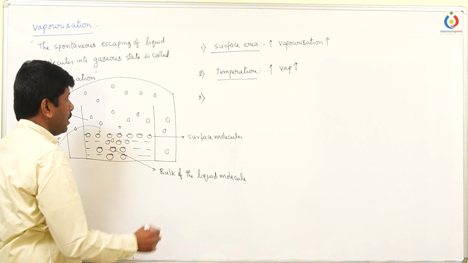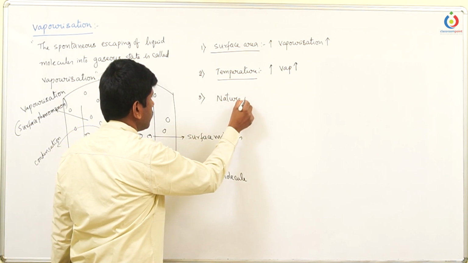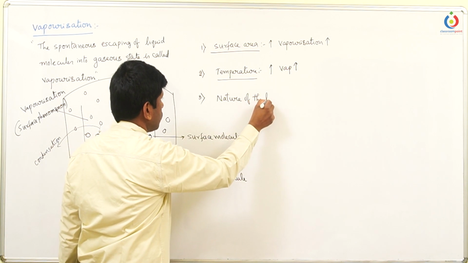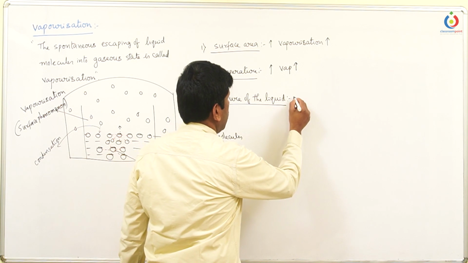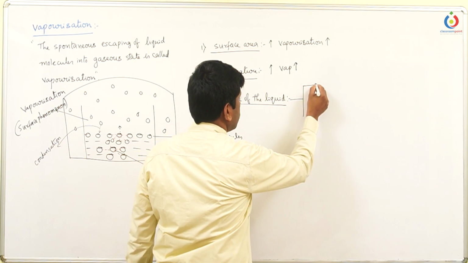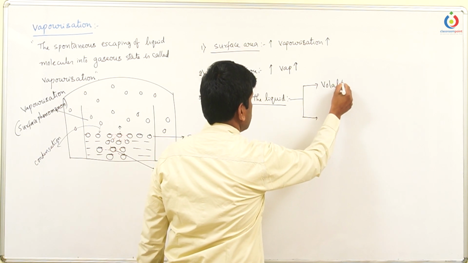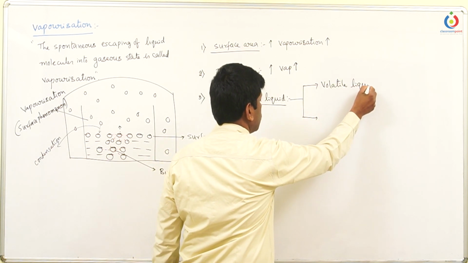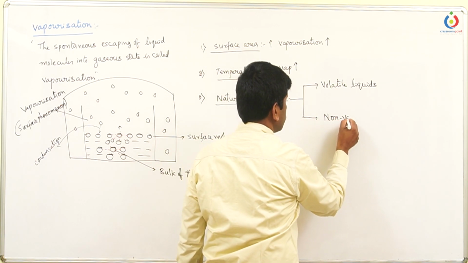And the next one is the nature of the liquid. Liquids are of two types here: volatile liquids and non-volatile liquids.